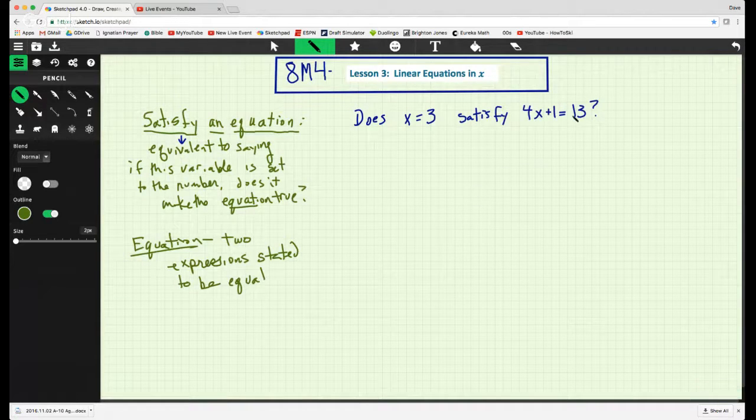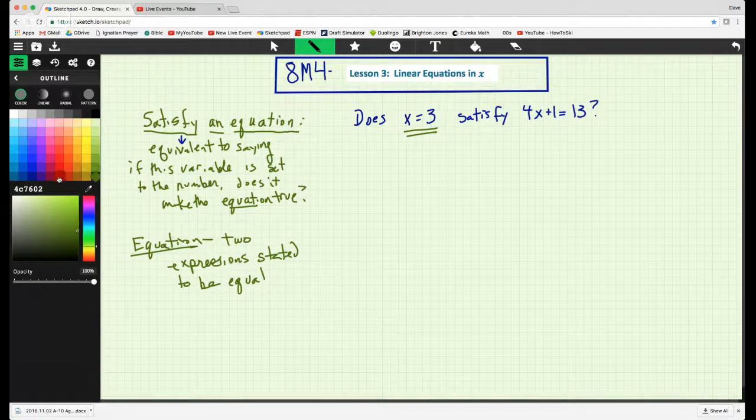Okay, so let's look at that. This is our variable, and it is set to the number. Let's highlight this in red. If this variable is set to the number, that's this piece here, does it make the equation true?